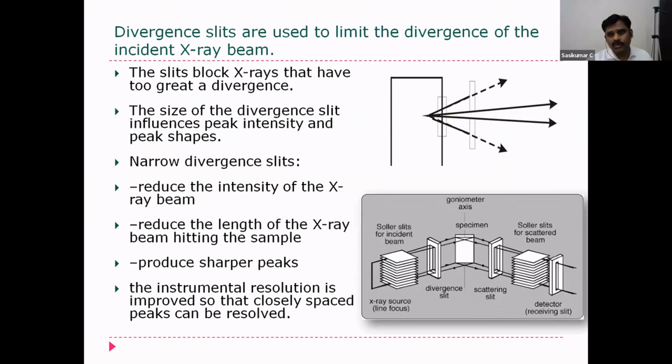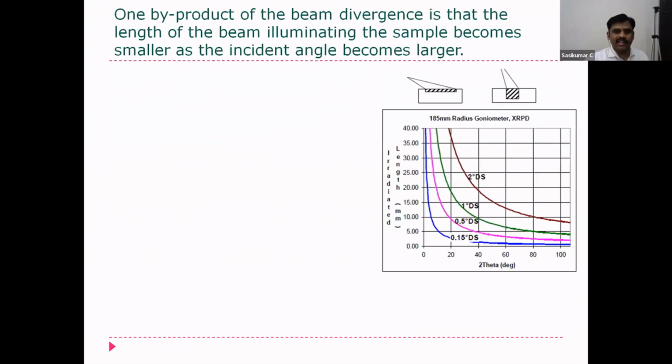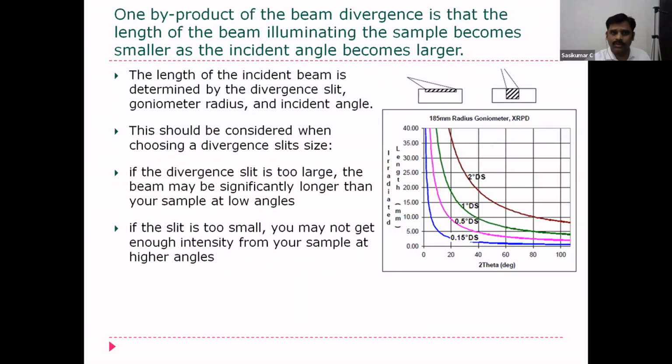And there are tools like the divergence slit, and these divergence slits control the amount of X-ray beam falling on your specimen. Say for example, here the X-ray is incident on your specimen. You can notice that the angle of incidence and the penetration depth are different. If it falls at a high angle, the penetration depth will be different.